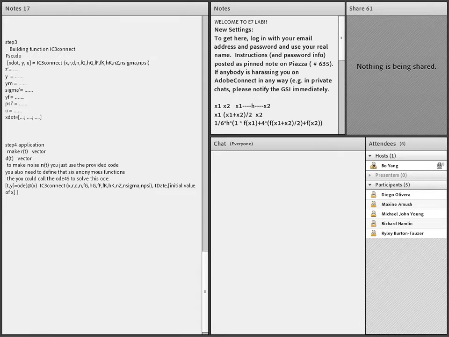We have Rt defined and Dt defined. So for this condition, Rt and Dt should be vectors. These two vectors contain the same number of elements as the t data. T data is the time data.